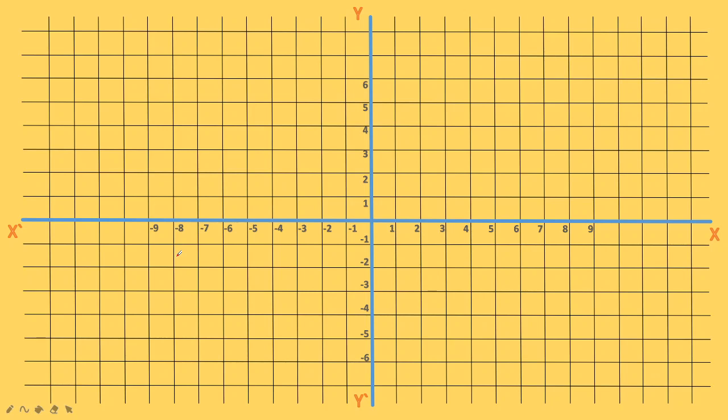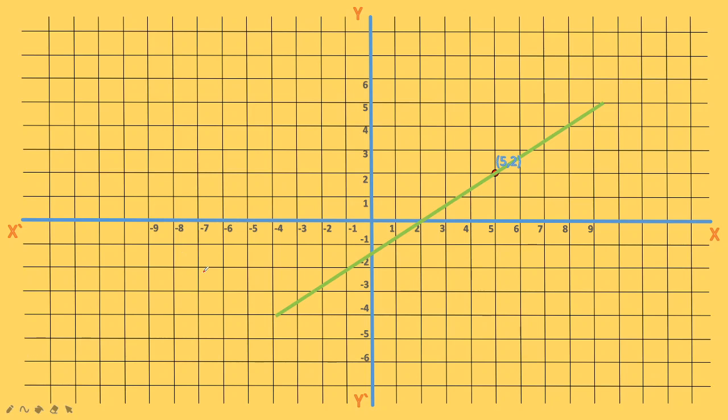So let us start. Consider this point. What is this point? 5 comma 2. Now I am fixing this point, then I'm drawing a line through this point, and I'm fixing the slope so that it cannot change.